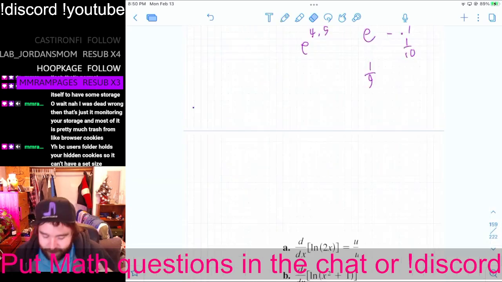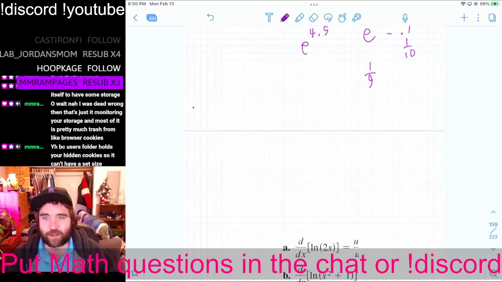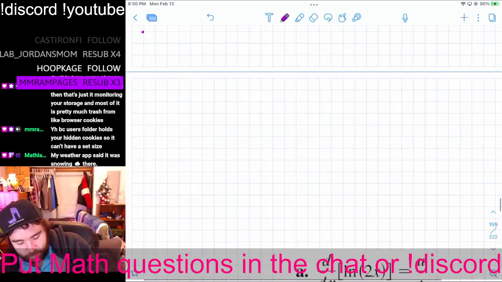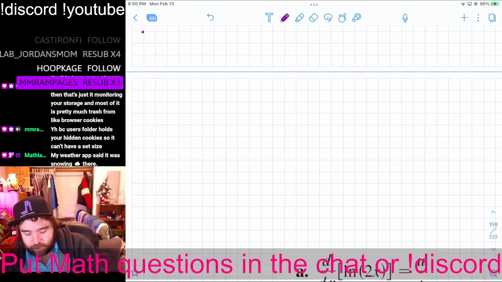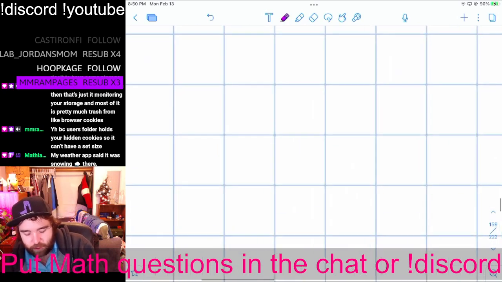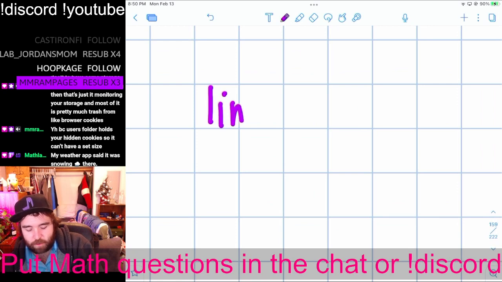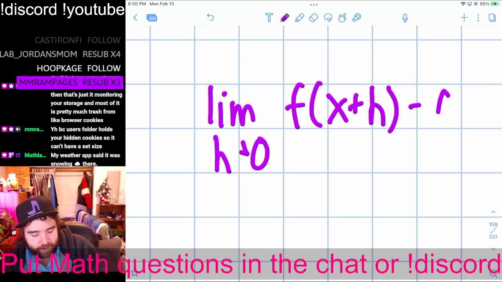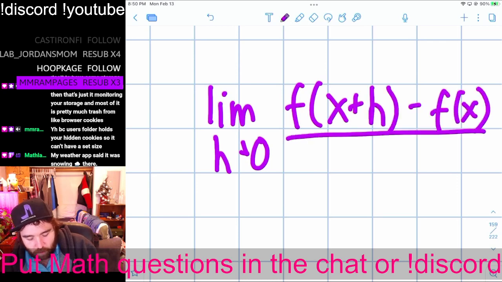All right, so I figured out how to do it. And when I say that, I mean I looked up how to do it. But it's not that bad. So we're going to start, as I think we always should, with the limit definition. So we're going to have the limit as h approaches 0 of f of x plus h minus f of x over h.